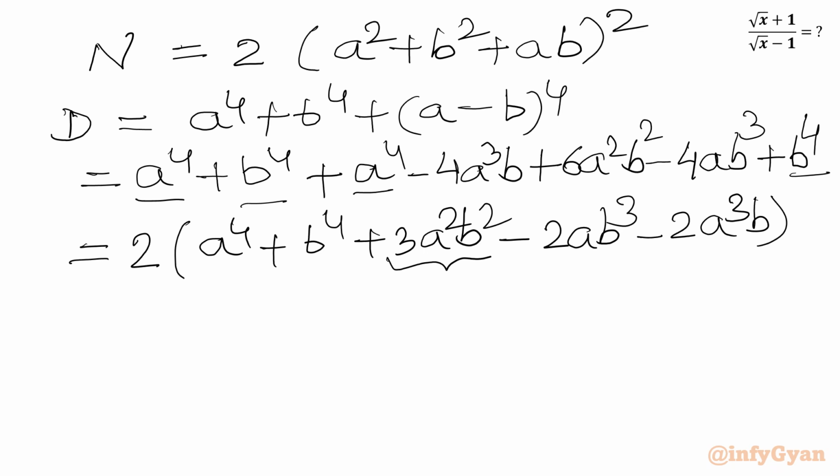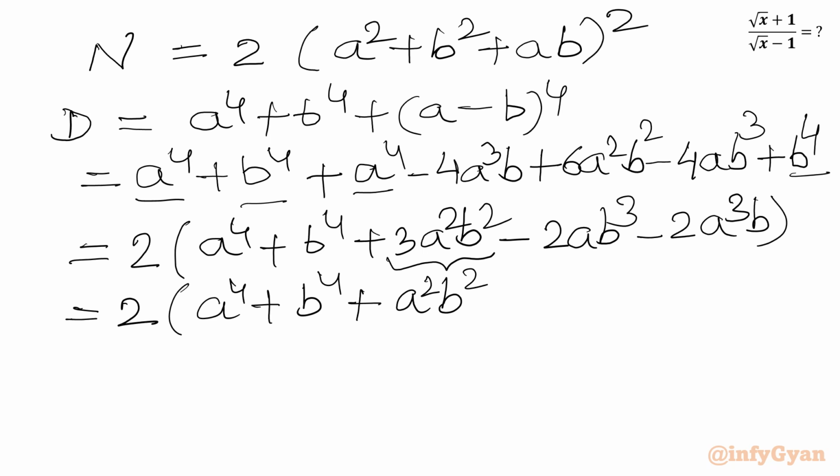Again we will split 3a square b square as a square b square plus 2 times a square b square. Let's write a power 4 plus b power 4 plus a square b square plus 2a square b square. Then we will write minus 2ab cube minus 2a cube b.